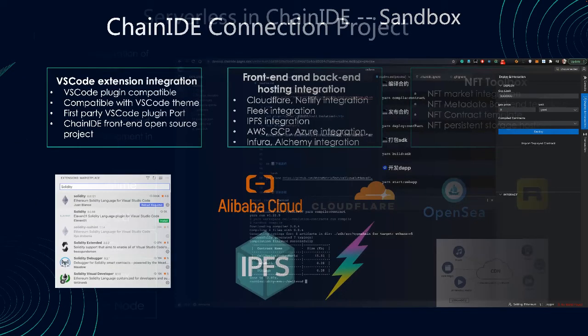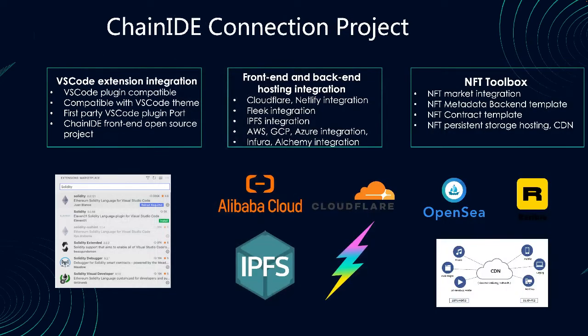And the second part is the ChainID connection or integration projects. There are three different directions. The first is we want to integrate with VS Code, right? VS Code is still the biggest IDE in the world. First of all, we want to make our plugin system compatible with VS Code's extension system, which means all these VS Code extensions can be directly imported into ChainID.